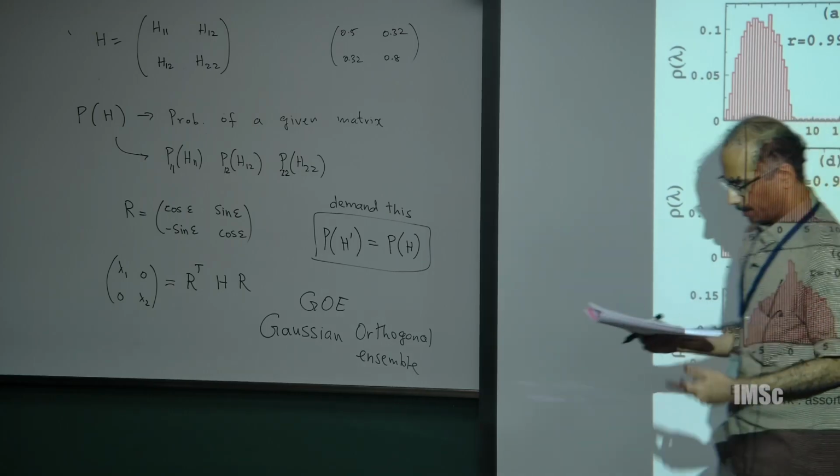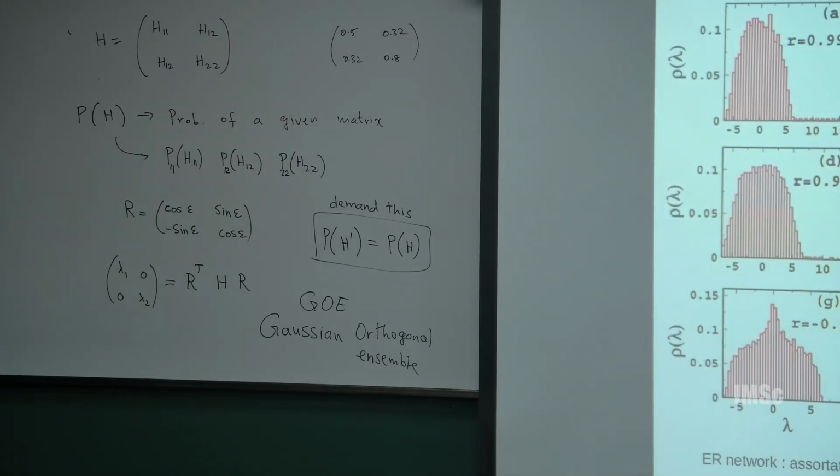Okay, so now you have 3 variables. Your original matrix had 3 numbers, H11, H22 and H12. Either you choose to describe everything that you want in terms of these 3 numbers, or you give up these 3 numbers and trade it for some other 3 numbers, which is lambda 1, lambda 2 and theta.